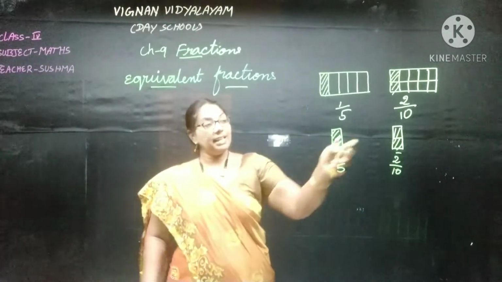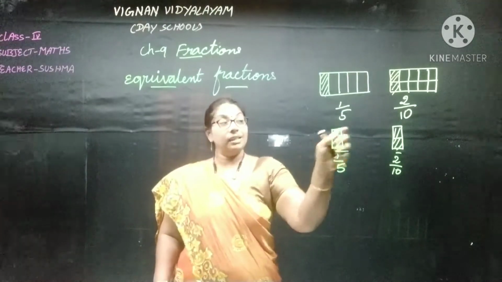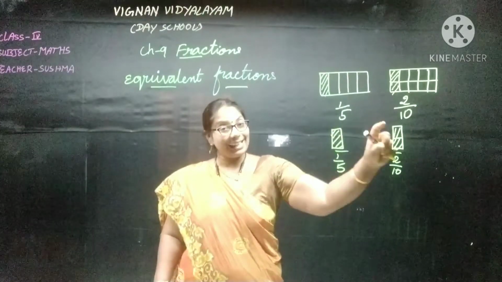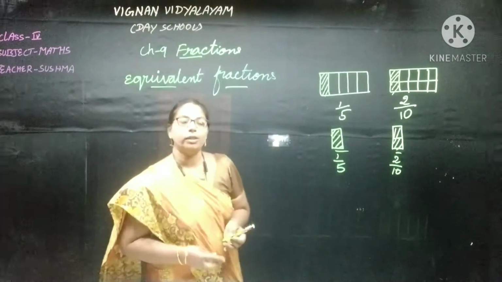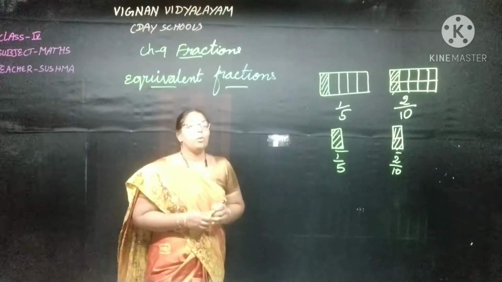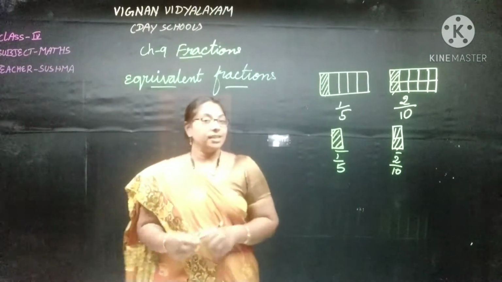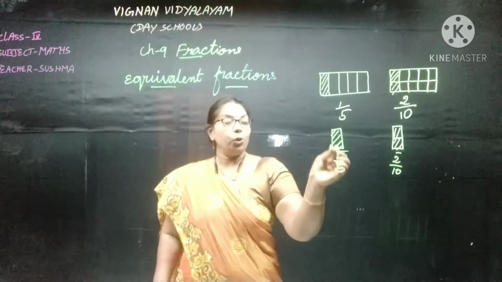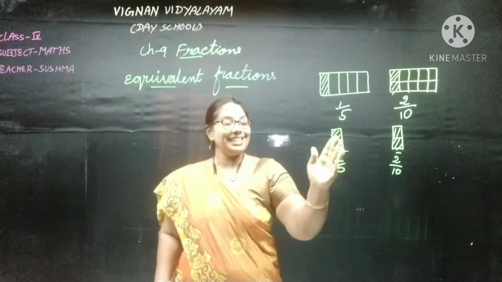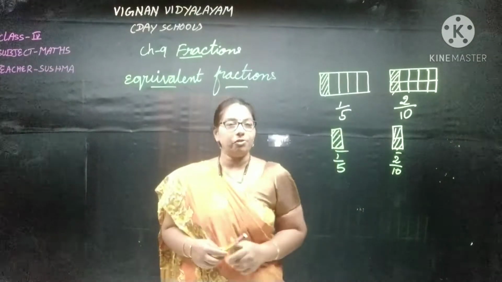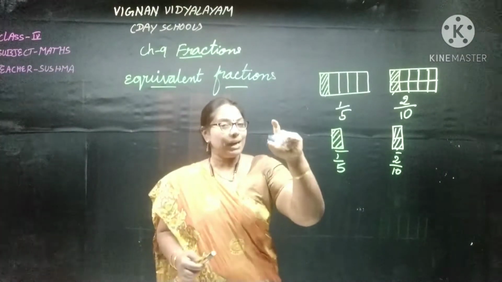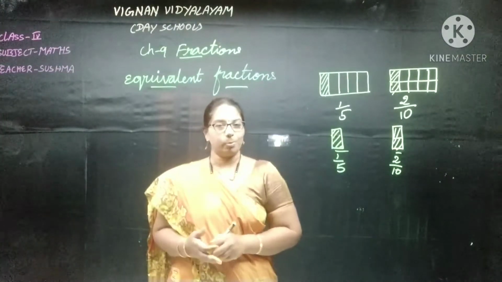He ate 2 parts, but the size of what you ate is the same as the size of what your brother ate. So 1 piece out of 5 pieces is equal to 2 pieces out of 10 pieces. The same part, the same size of chocolate, you and your brother ate.